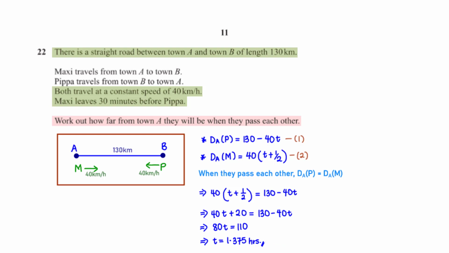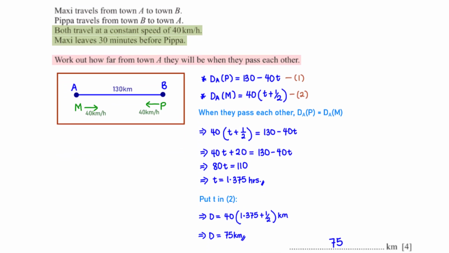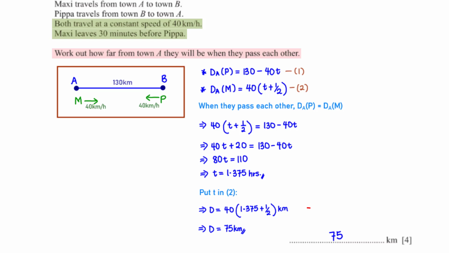Now that we have the value of t, we can find their distance from point A by plugging in the value of t into either equation 1 or equation 2. If we pick equation 2, we have 40 times 1.375 plus half kilometers, which is equal to 75 kilometers.